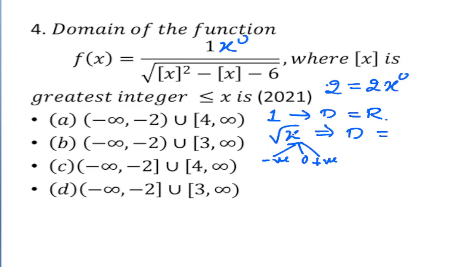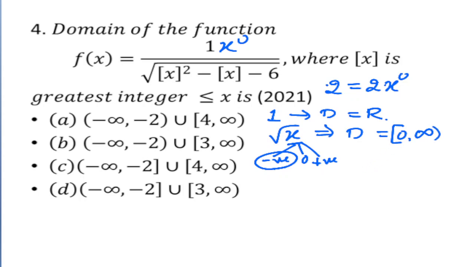Can you take 0? Yes. Root 0 is 0. Positive number, root of any positive real number is a real number. But root of a negative real number is imaginary. So the domain of this function root x is the set of all non-negative real numbers.